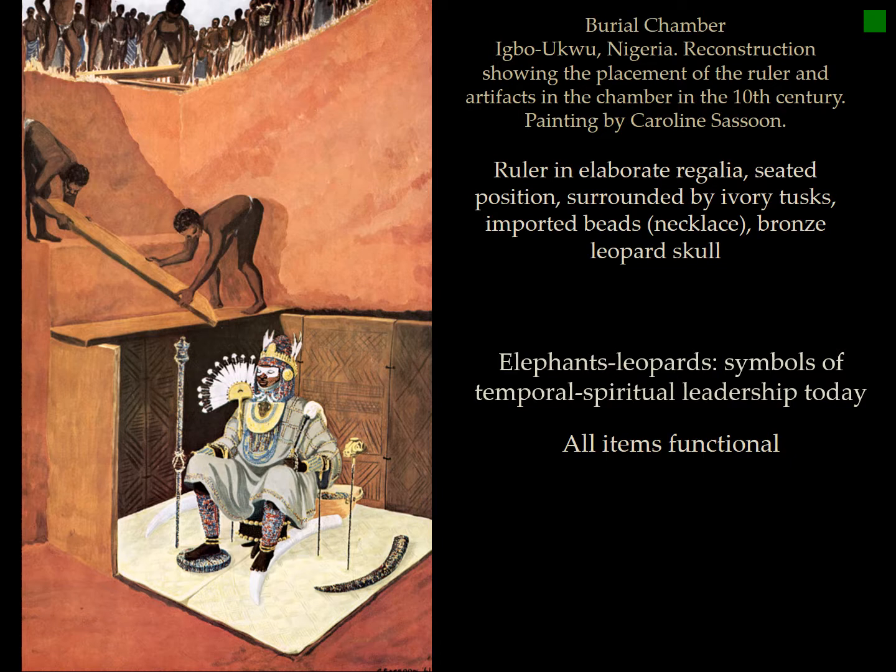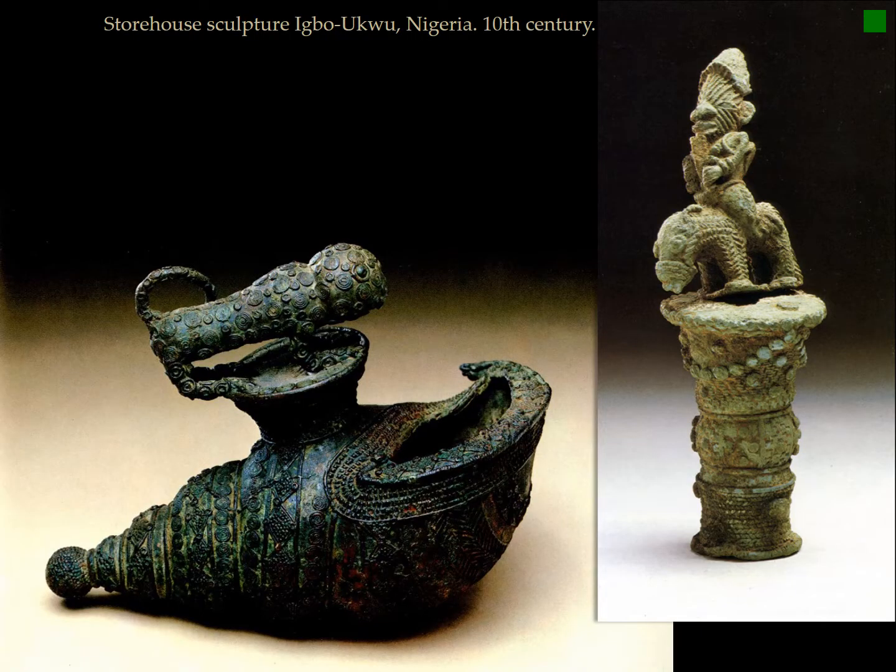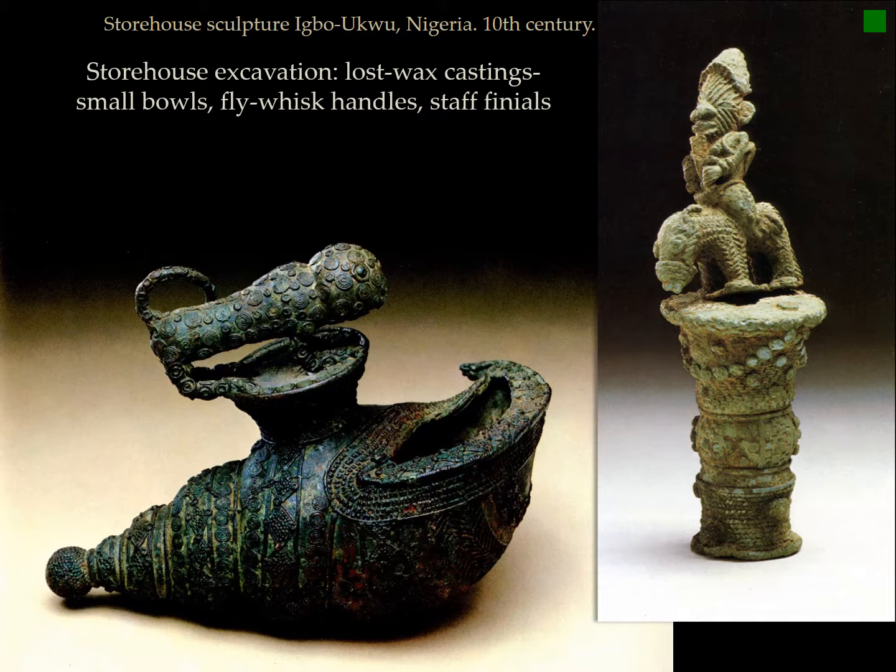All of these items, interestingly enough, as is true for most African art in general, are functional. They are going to range from finial staff sculptures to plates to various lamps. Here we have the storehouse sculptures and this excavation showing us the lost wax castings of small bowls, fly whisk handles, and staff finials, that being those decorative elements that are going to top and adorn staffs.